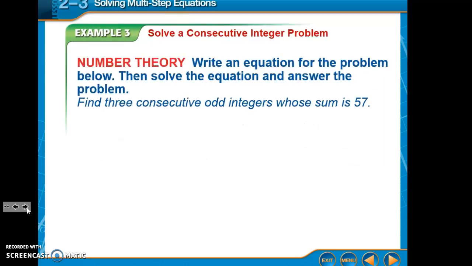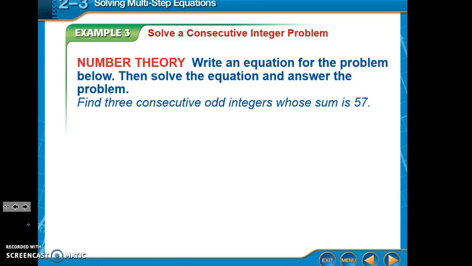All right, so questions there? All right, so write in the equation for the problem below, then solve the equation and answer the problem. So find 3 consecutive odd integers whose sum is 57. This is what troubled me on the worksheet. All right, so if we have an odd integer, how can we represent it? Do we know what the odd integer is?